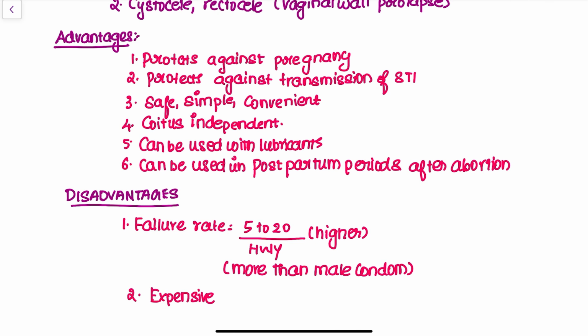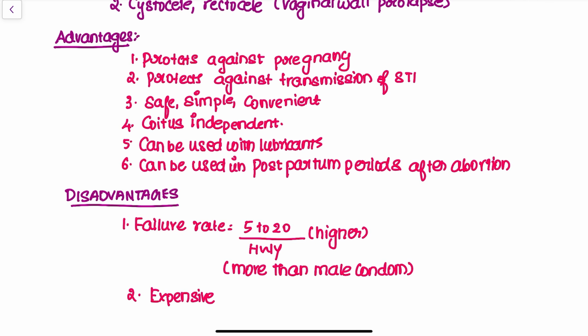Now coming back to the advantages and disadvantages. The advantage is that it protects against pregnancy, right? If the female wears this condom, then she can protect herself from any conception. The second advantage is protection against sexually transmitted infections, including HIV, chlamydia, gonorrhea, etc. At the same time, it is very safe, simple, and convenient to wear this female condom, right?